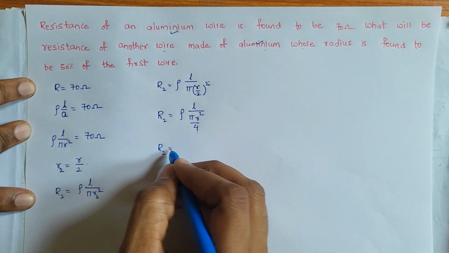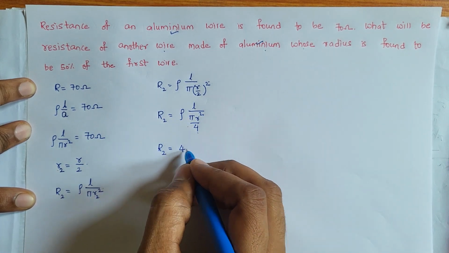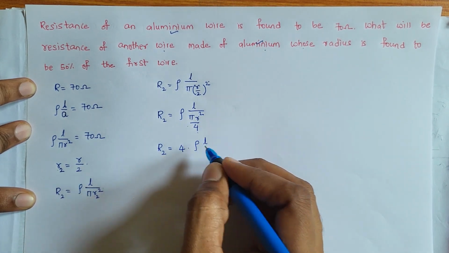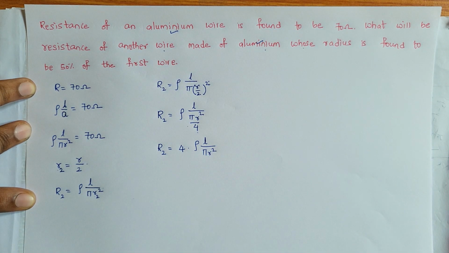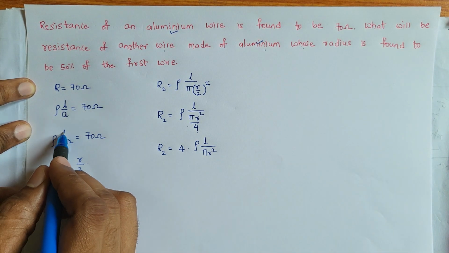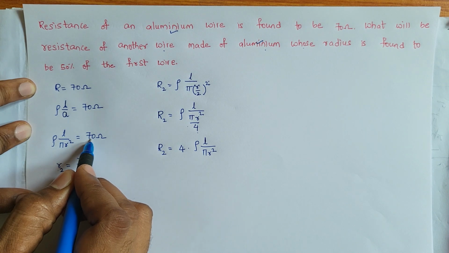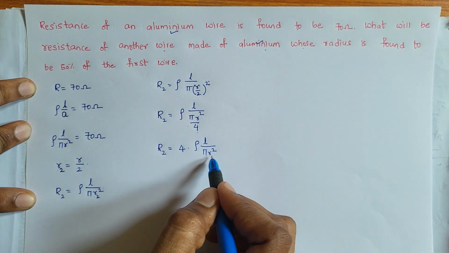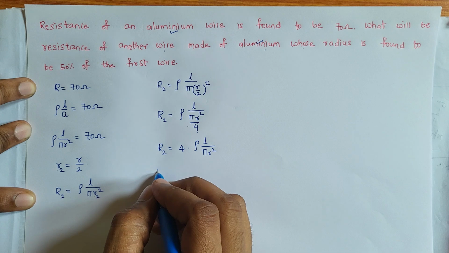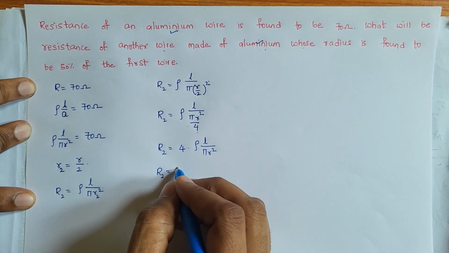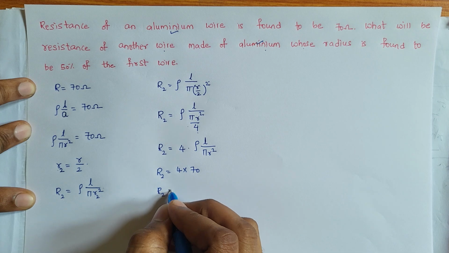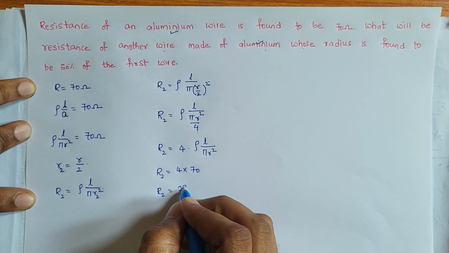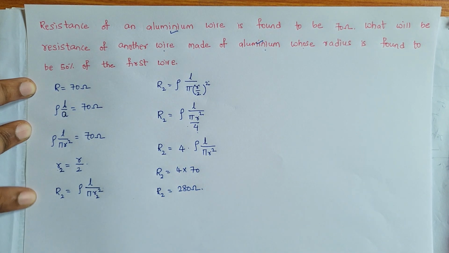So R2 is equal to 4 will come up, 4 into rho L divided by pi r square. Now see, rho L divided by pi r square is 70 ohm. So R2 is equal to 4 into 70. So R2 is going to be 280 ohm.